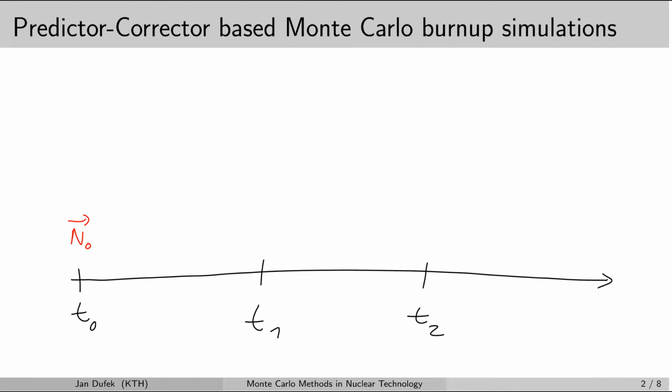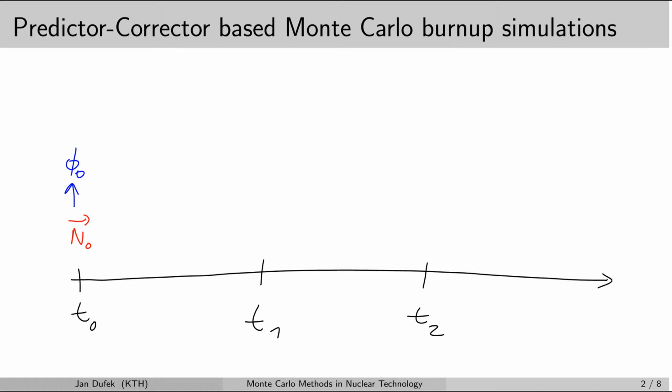So this is given by the input file. So at first the Monte Carlo solver is called in order to calculate the neutron flux in this system. So the solver will return the flux phi 0, the flux in the system at the time t0.